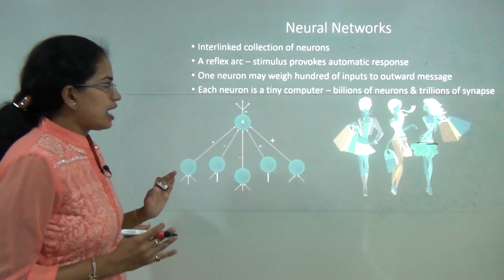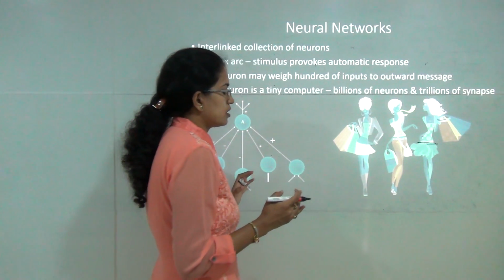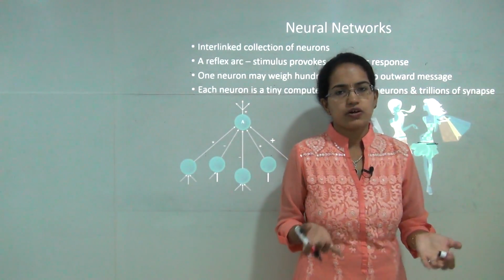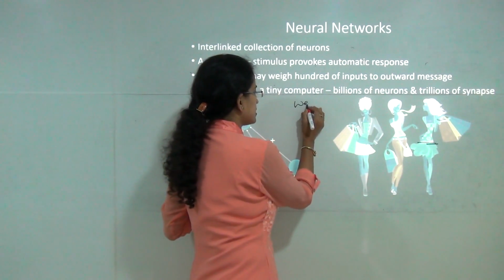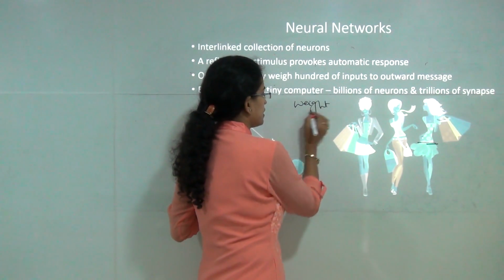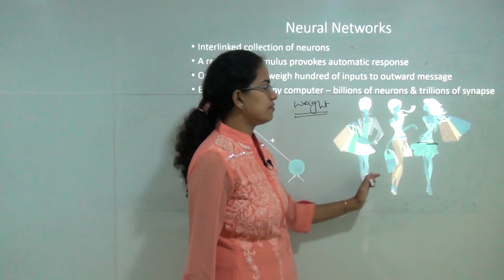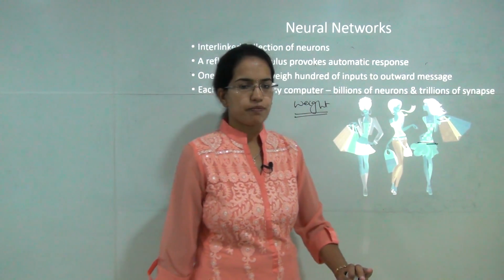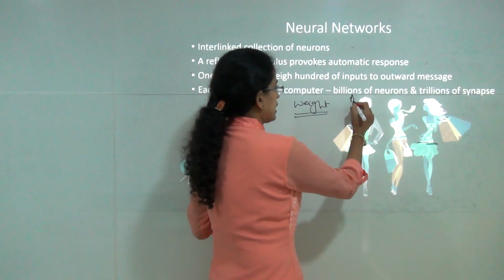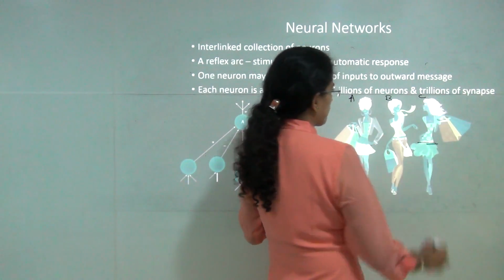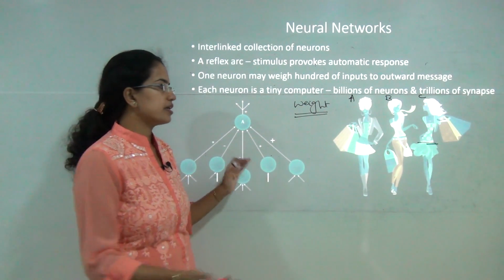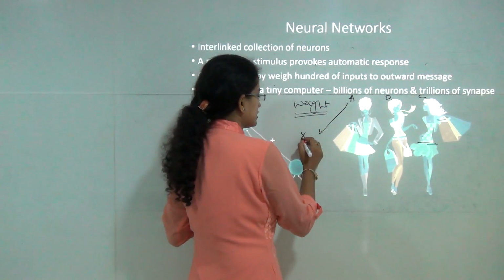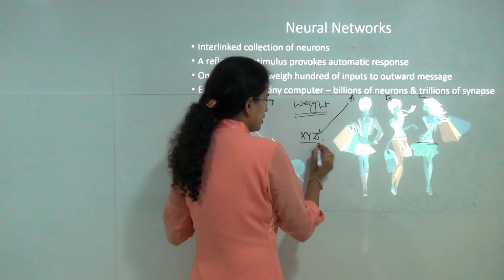To understand that neural network, there is one very important concept, which is weight. Now, how will we understand this weight? For example, there are 3 friends who go out for shopping. You have friends A, B and C. Friend A has to buy a certain commodity, let's say X, Y and Z, from the market.